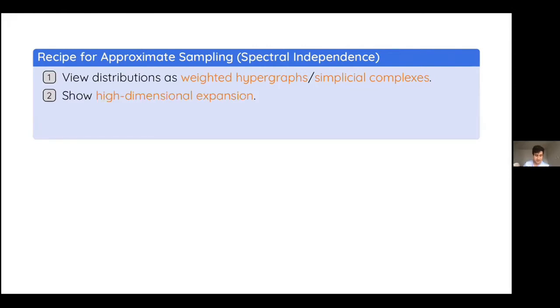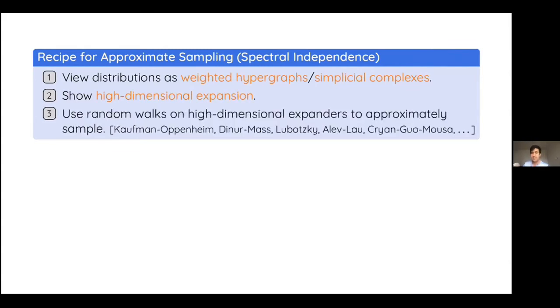Once you do this transformation, there is a well-studied notion. There are a couple of notions, but there is one that's useful for spectral independence. I'll get to it. These are well-studied notions of high-dimensional expansion, which are generalizations of the notion of expander graphs to hypergraphs. The goal here is to show that these notions hold for your distribution when you view it as a weighted hypergraph.